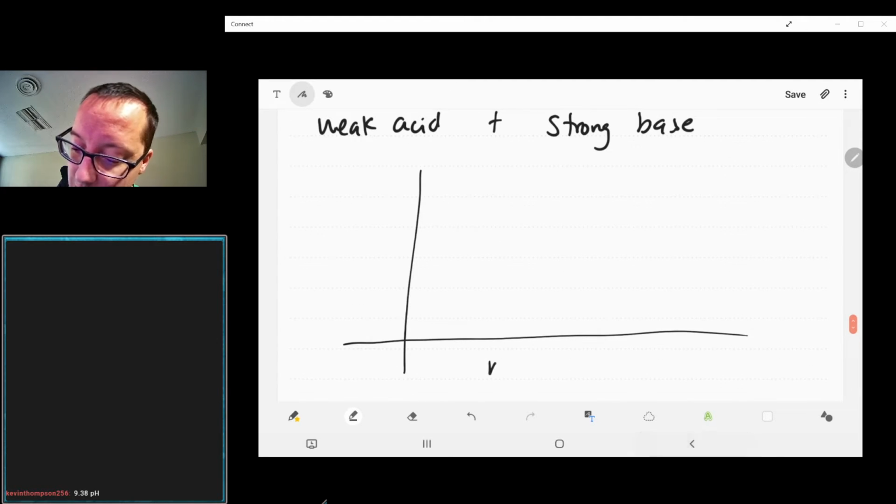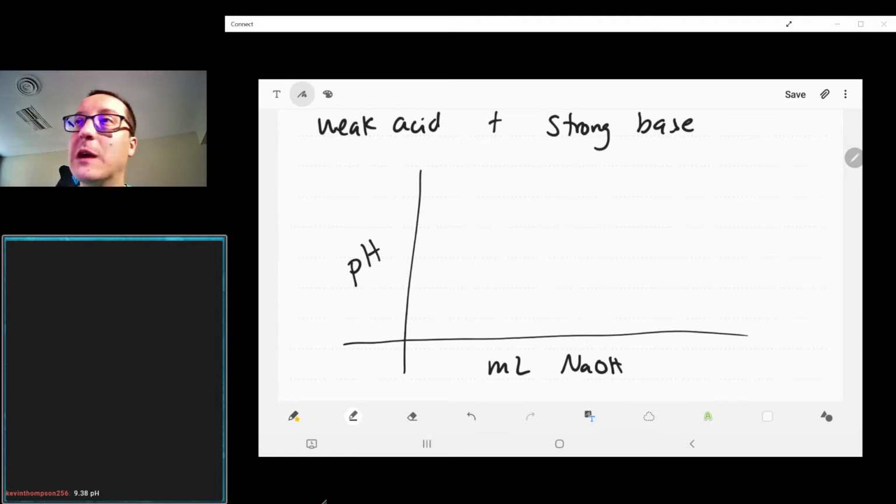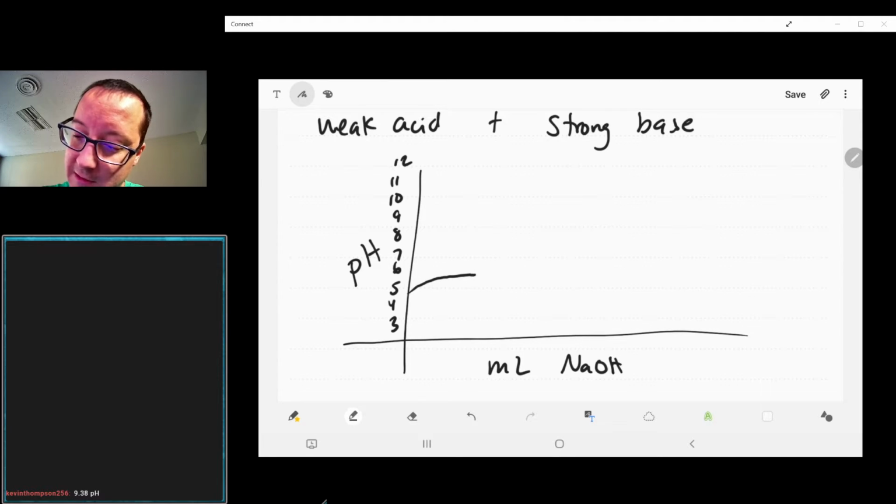If we do the same kind of graph here, I'll try and make this, you know what, let's not even worry about starting that low. Whatever, good enough. Looking at this, we'll probably start maybe here or so.